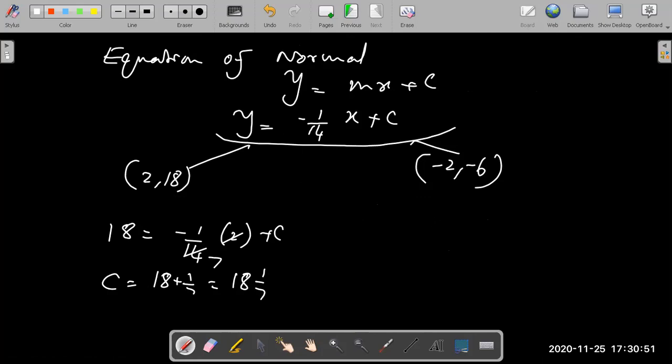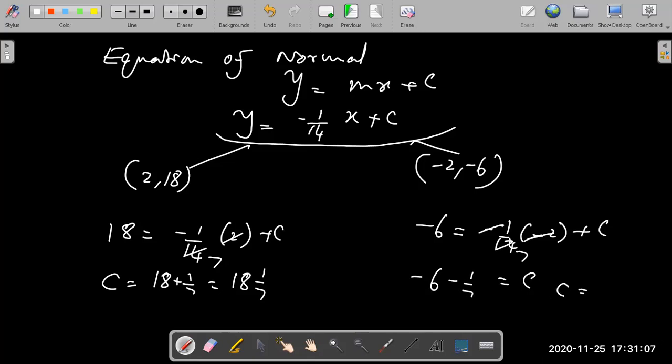In this case, I'll have minus 6 is equal to minus 1 by 14 into minus 2 plus c. Then this minus minus is cancelled, you get 1 by 7. So this is minus 6 minus 1 by 7 equal to c. So c is equal to minus 6 1 by 7.